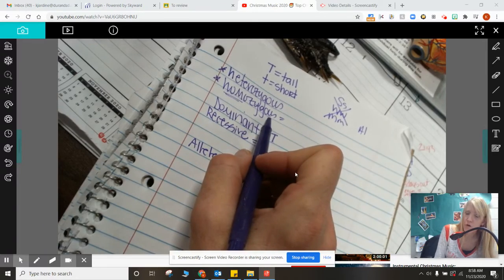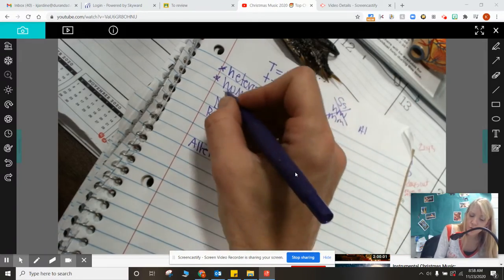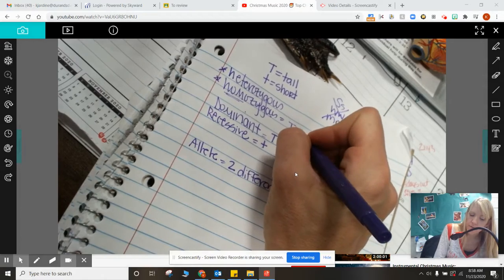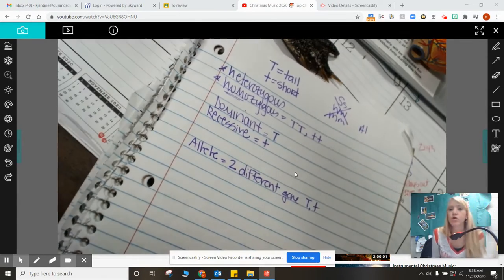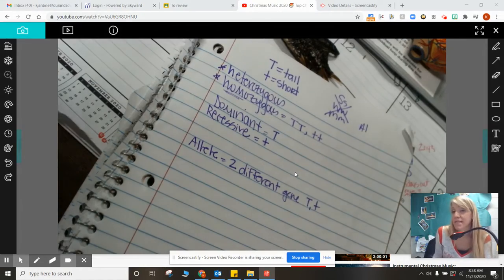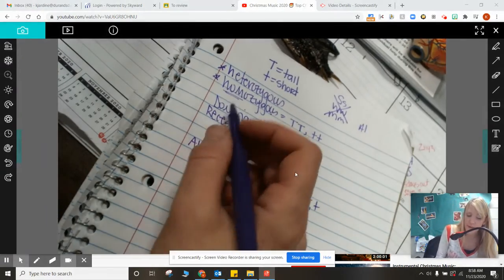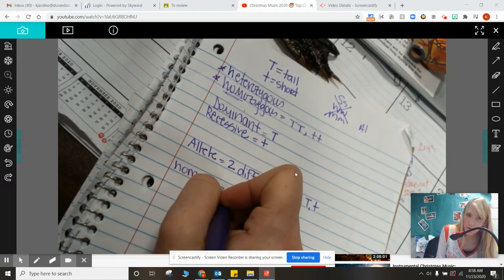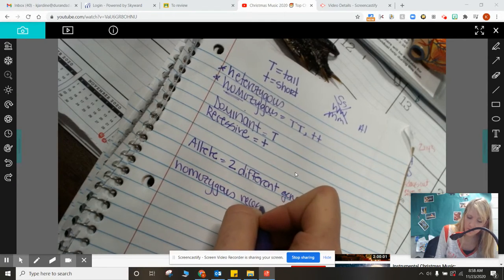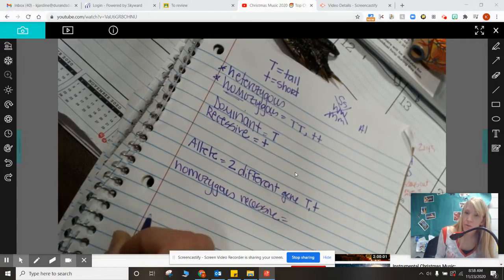So how do you figure what homozygous is? Homo means the same. So it could be big T, or it could be little t. Both of those are homozygous. So you could say homozygous recessive. That would be what? Two of the same.